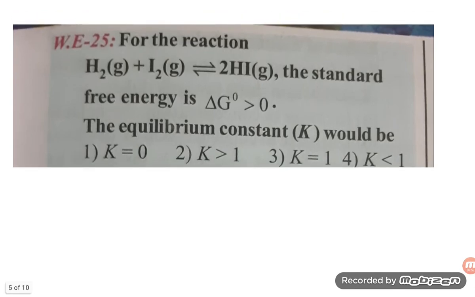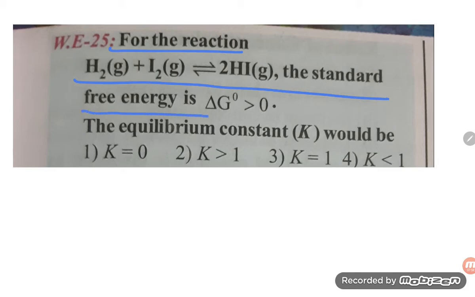They are saying for the reaction H2 plus I2, it is giving 2HI, and Gibbs free energy delta G is positive. The equilibrium constant K would be, okay. So dear student, how you can be able to solve? So delta G is equal to, what is the relation, student?